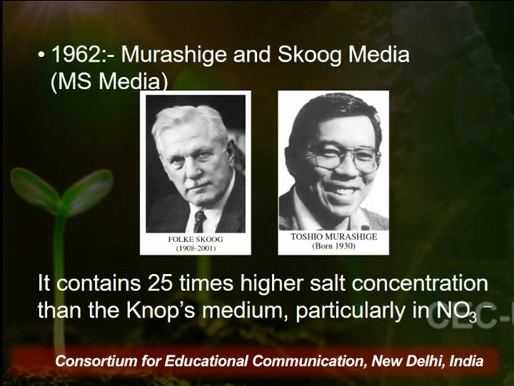This media was a very big hit in plant tissue culture studies, and it became so popular that it was known by the name Murashige-Skoog media, or MS media. It is still widely used in numerous plant tissue culture studies. So this was a breakthrough discovery in the field of nutrient media development.